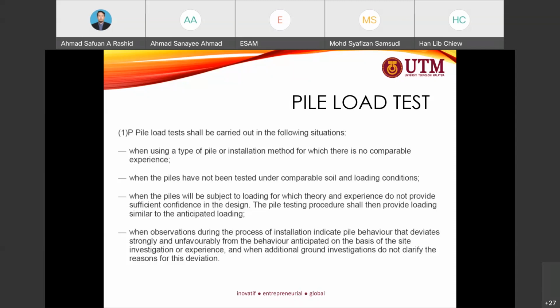So it will be more convincing if we are using the pilot test result.